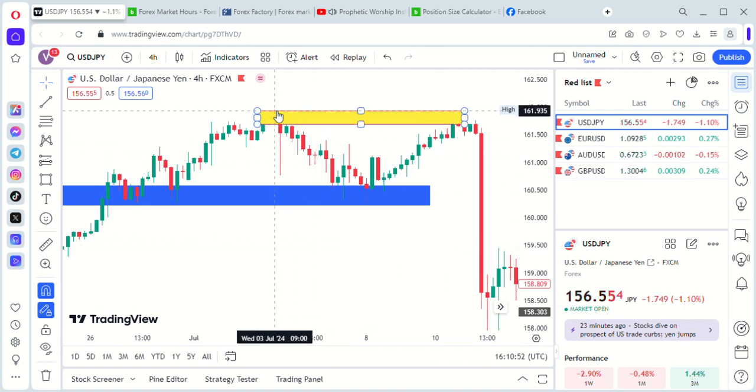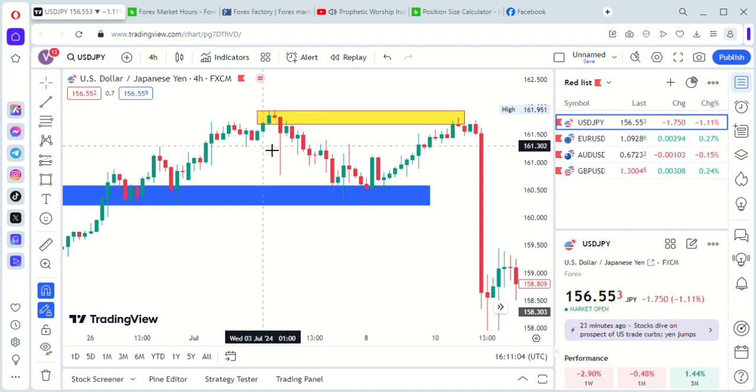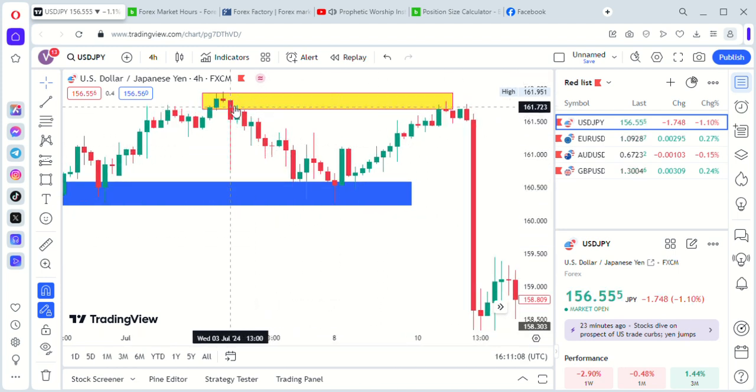So I map this out as my order block, and if you know the trading strategy of order block, when you map it out, you have to wait for the market to come and retest the order block before you can enter the market. So now when this happened, if you pay attention to this order block, the market started going down.